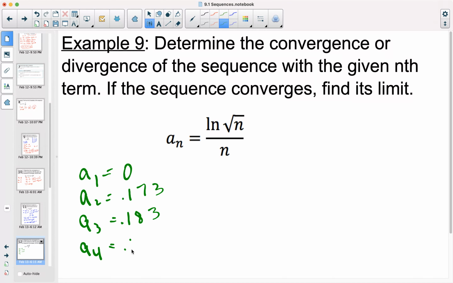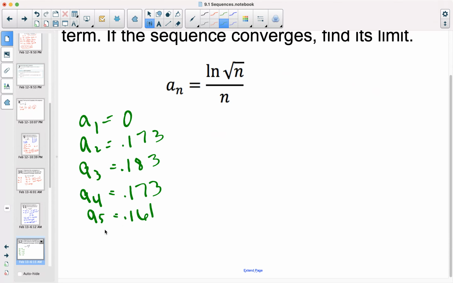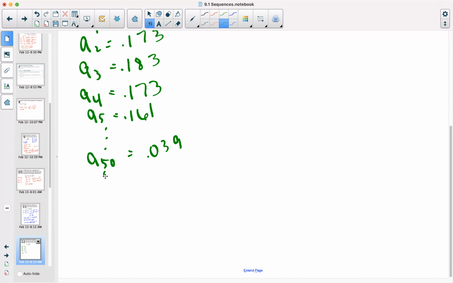And the fourth term, 0.173. And the fifth term, 0.161. And then I jumped down to the 50th term, and I got 0.039.